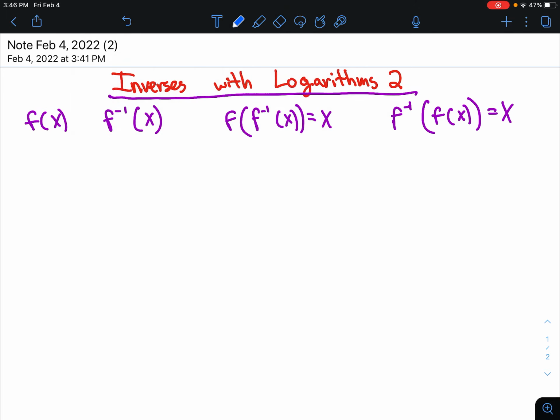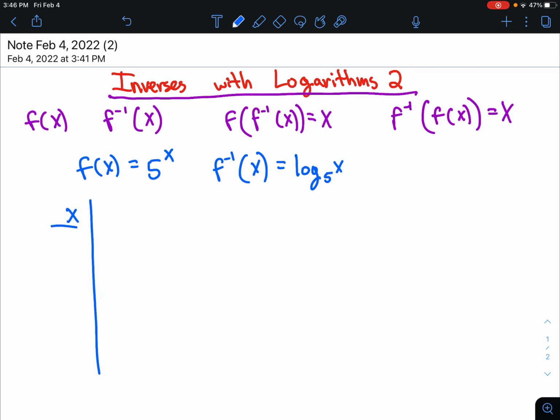So let's take a look at this for the example of if we have f of x equals 5 to the x, an exponential function, compared to f inverse x, which would be equal to log base 5 of x. Okay, and we can look at a table of values.